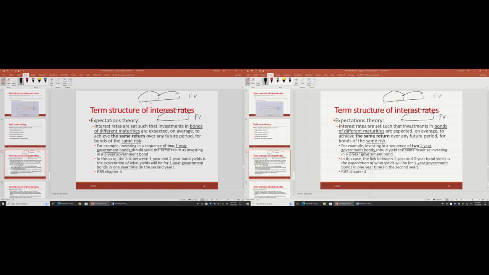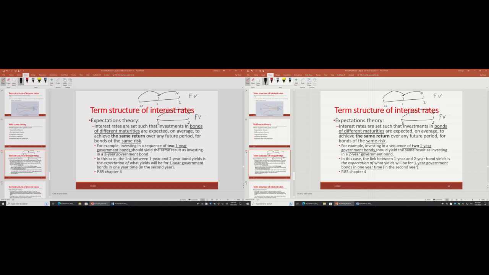So this is 0, 1, 2, and this is 0, 2. Why do we say this is expectation? Because based on this equation, we assume that these two will give you the same result.